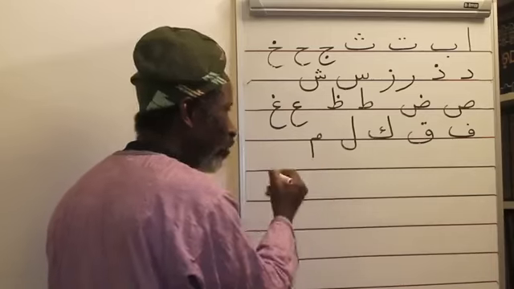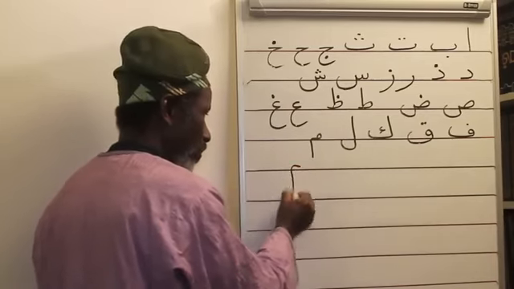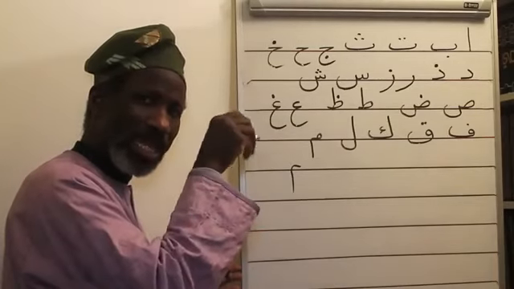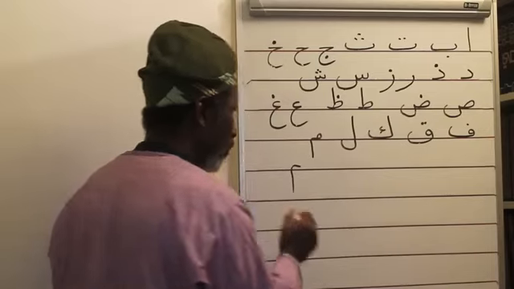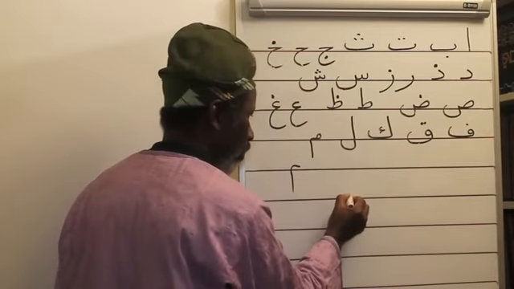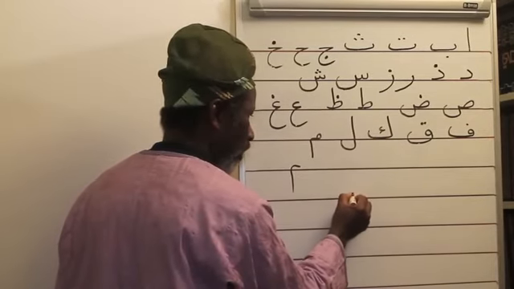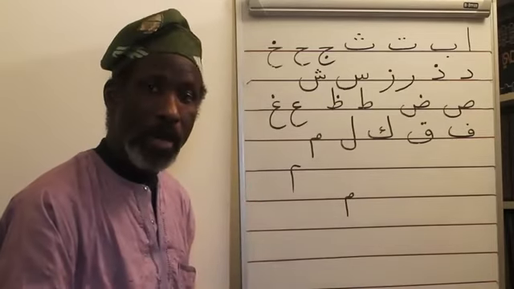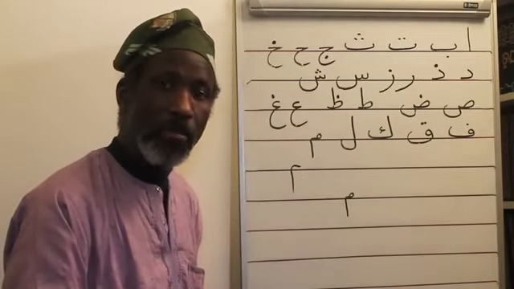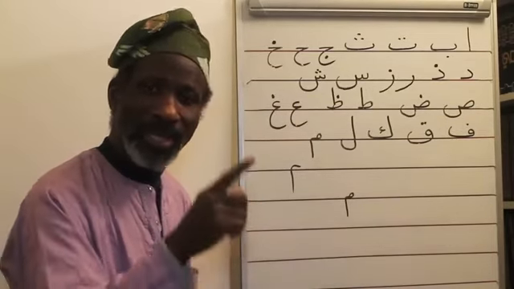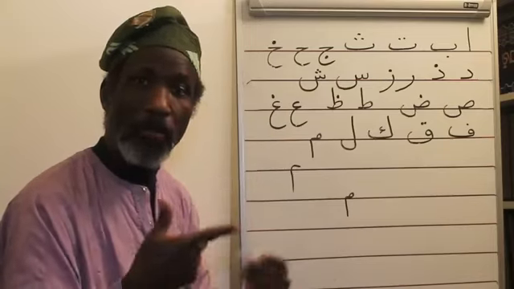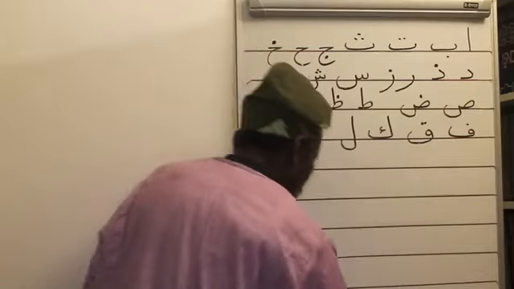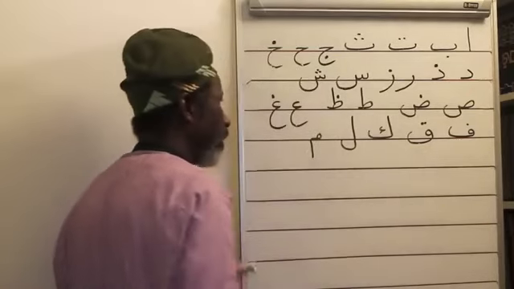The last movement is this drop, except that you are starting from the top, doing the head first. One more time: you go right, clockwise, and drop, and that's your Mim. Mim. So we have Lam, Mim.